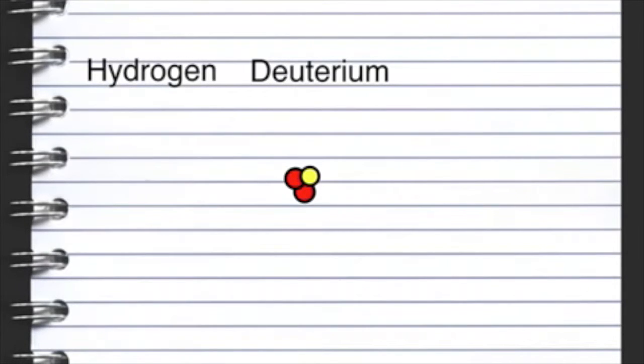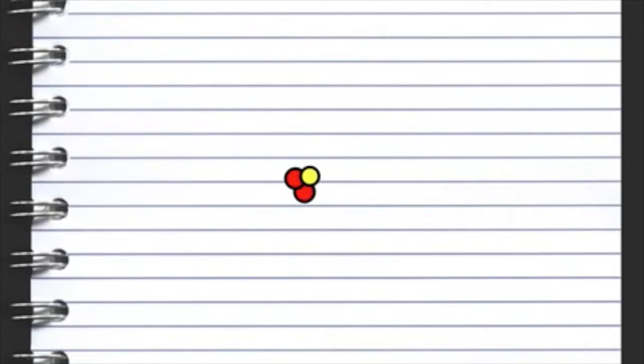So now the hydrogen and the deuterium have disappeared. Now what we have is a nucleus of helium. You'll notice here that we've got the two protons that allow it to be helium, but we've only got one neutron, which means this is an isotope of helium.